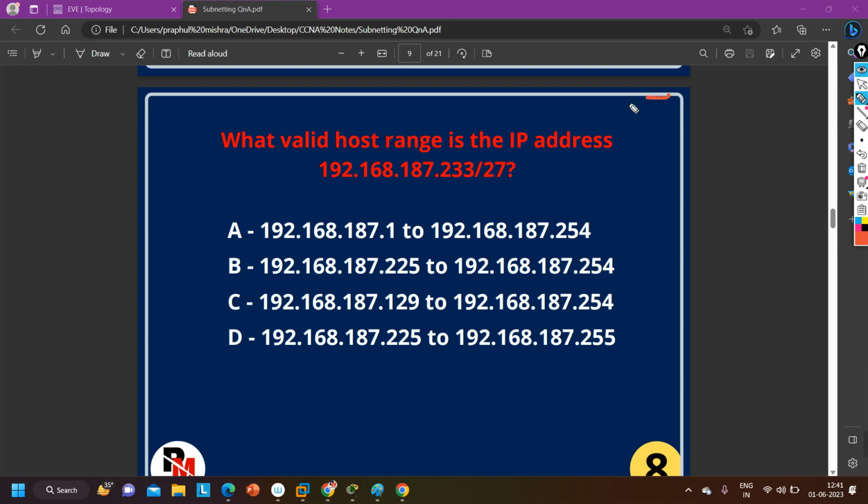Option B. I found the network ID and broadcast, and then I found the first and last. It is asking for the range, so it should be the first valid IP address and the last valid IP address. I found the network ID, and the first is 1 bigger than the network ID, and I found the broadcast, and the last is 1 smaller. That's option B.